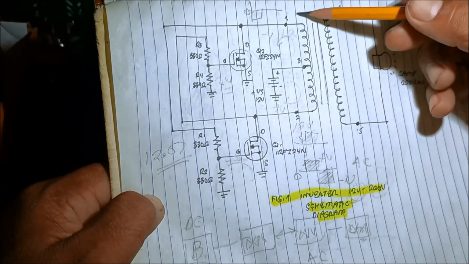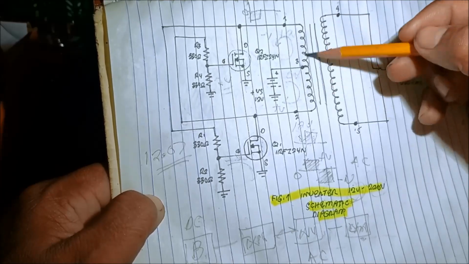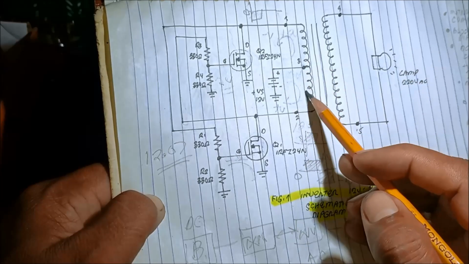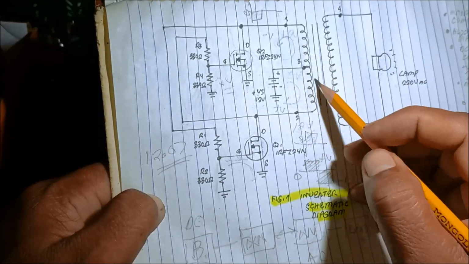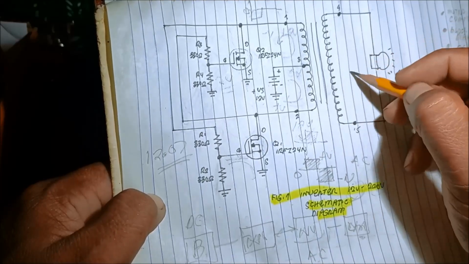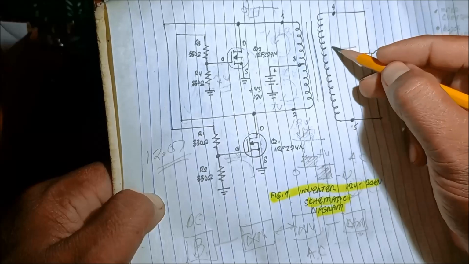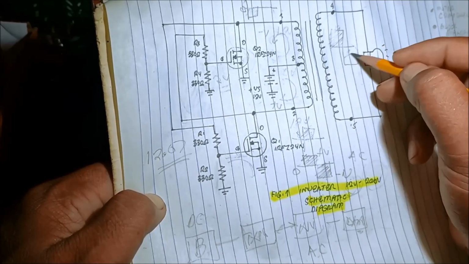And then what happened to the voltage developed into the coil of the transformer? Due to the induction, it will step up the voltage into, should I say, a big alternating current in the form of a square wave.